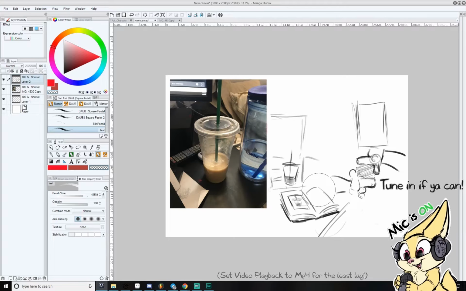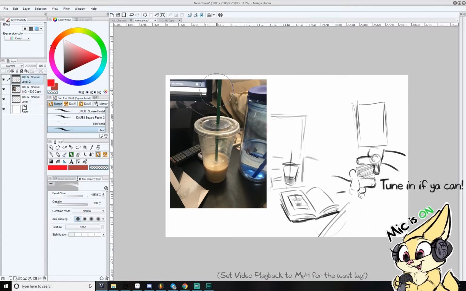Obviously for a dragon you don't have real life to reference from, but pulling references and really studying them and noticing these micro things will help you make the library in your head, but also just being able to see it in the first place, right?